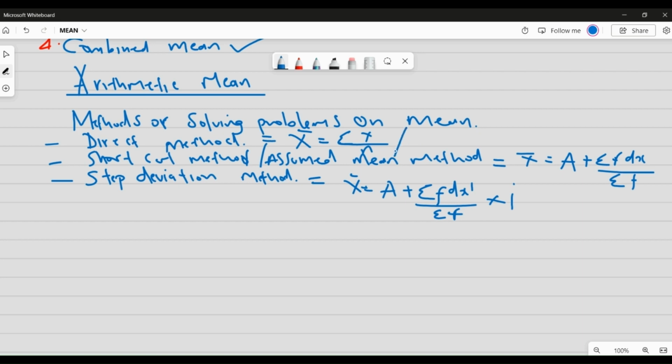The direct method can also be used to compute mean for grouped data, and in that case the mean will be summation of fx over summation of f. If the data is grouped, we use this formula, summation of fx over summation of f. If the data is ungrouped, then the first formula applies.